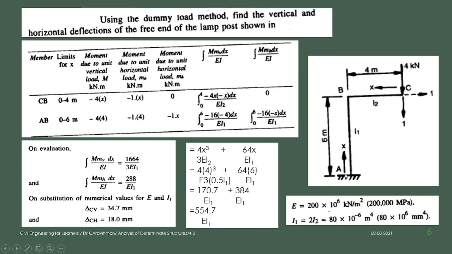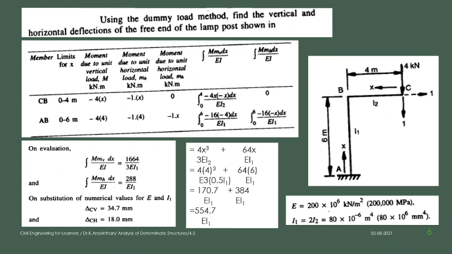We will be taking the origin as the point A for the column, and for the beam the origin will be taken from the point C. We need vertical and horizontal deflection, hence you have to apply a dummy load.